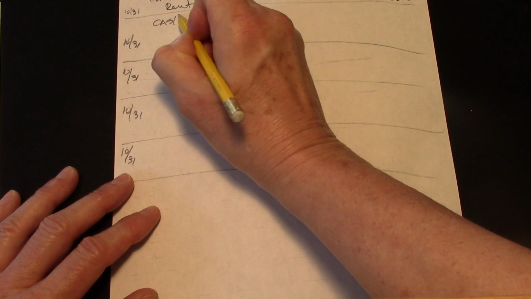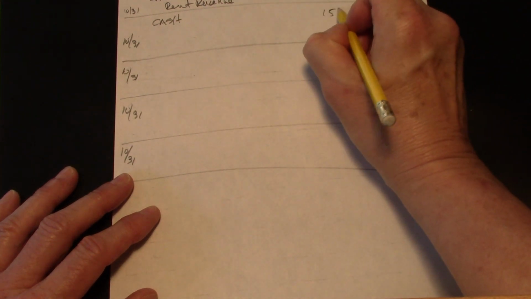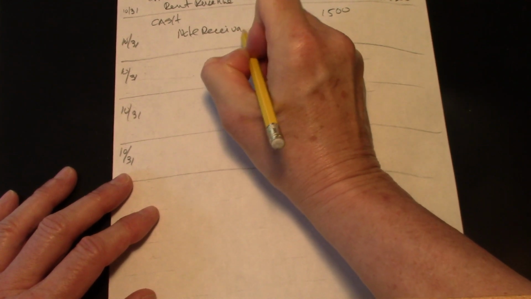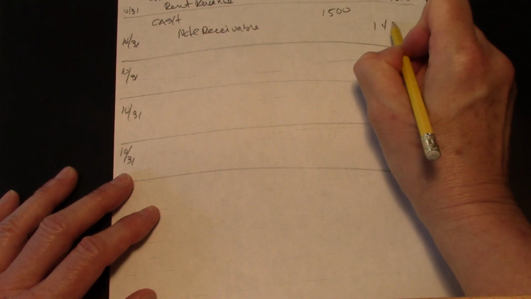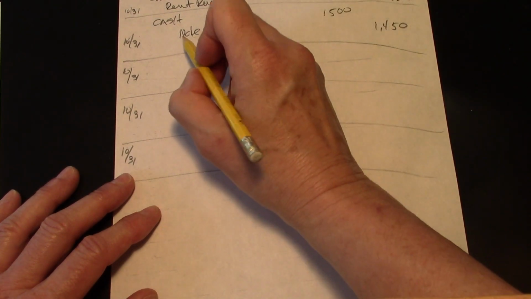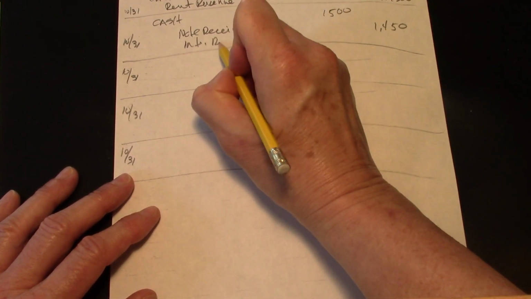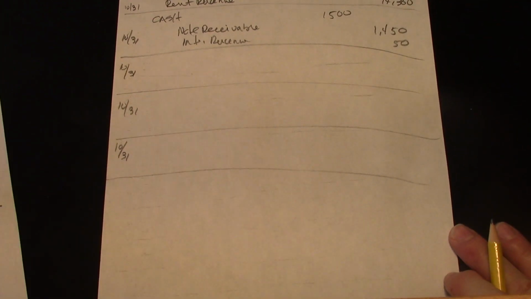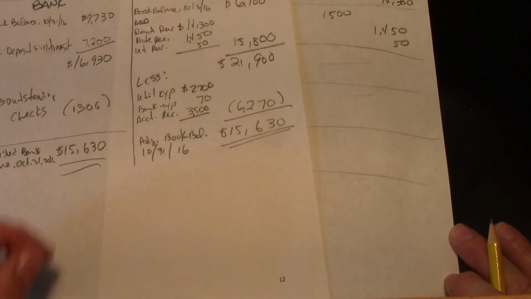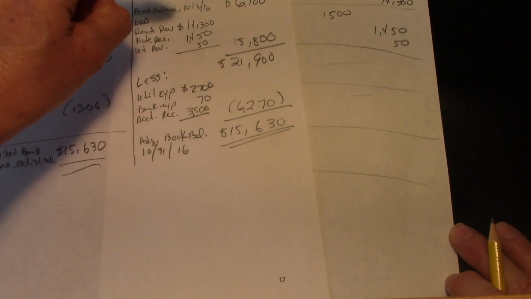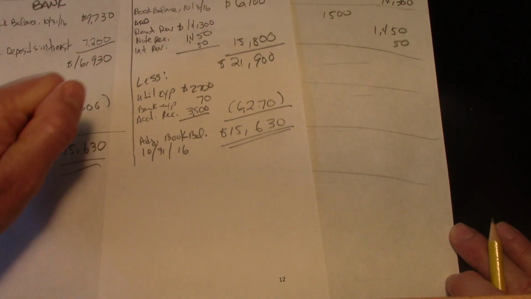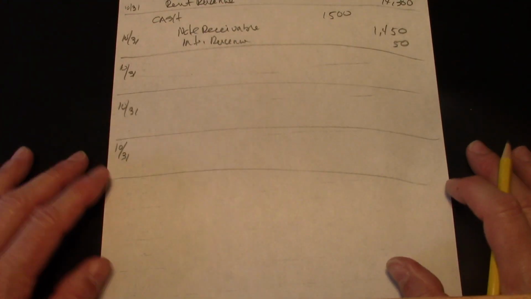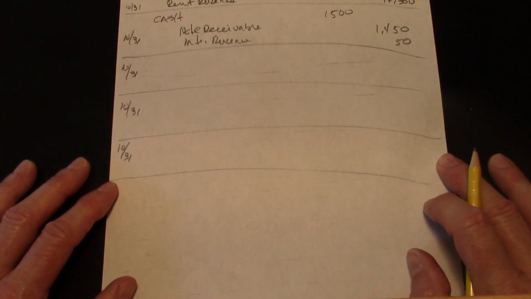We got cash of 1,500, we got note receivable 1,450, and we got interest revenue of 50. So I'm just adjusting my books based on what this stuff is. You could have done cash 1,450, note receivable 1,450, cash 50, interest revenue 50, but I just saw it as one transaction, so I compounded it. It's fine.